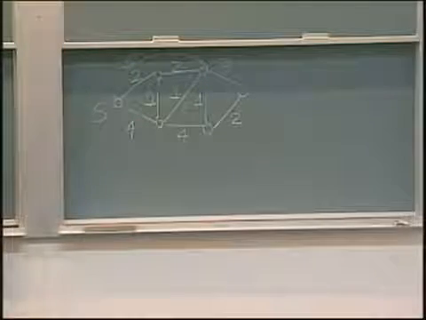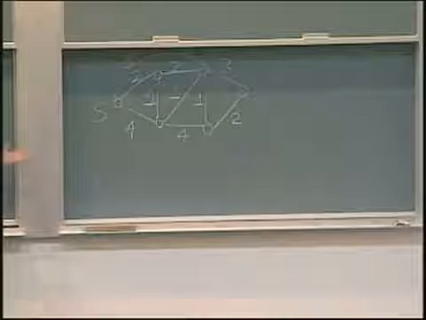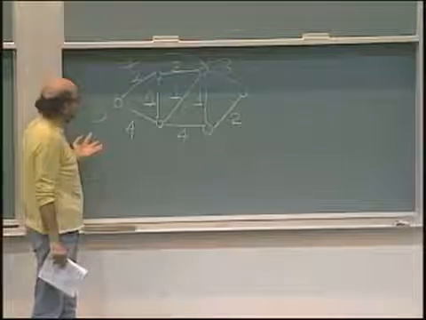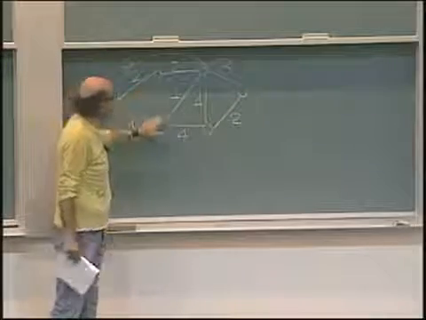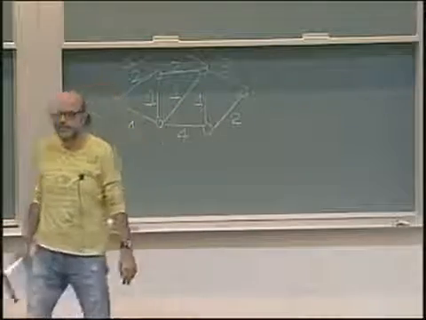This is my graph. The shortest path from S to this node is what? Believe it or not, it's this. Total length 7.